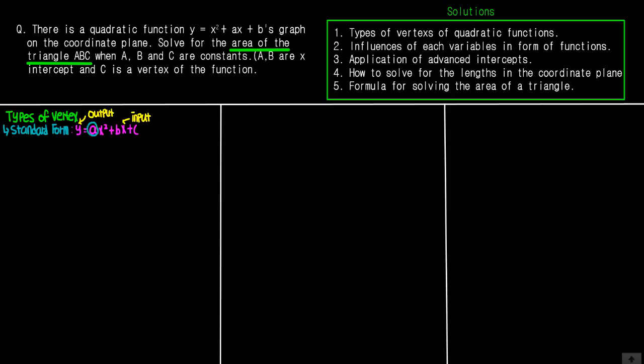So the a value is going to be the leading coefficient in our quadratic function form.